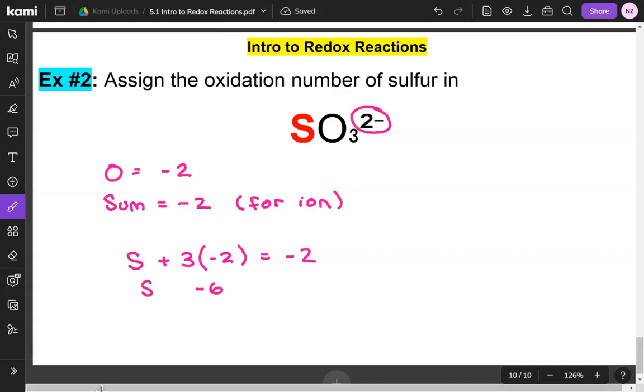So whatever sulfur is, plus -6 is going to be equal to -2. The only thing that makes sense here is for sulfur to be equal to +4. 4 minus 6 is -2.